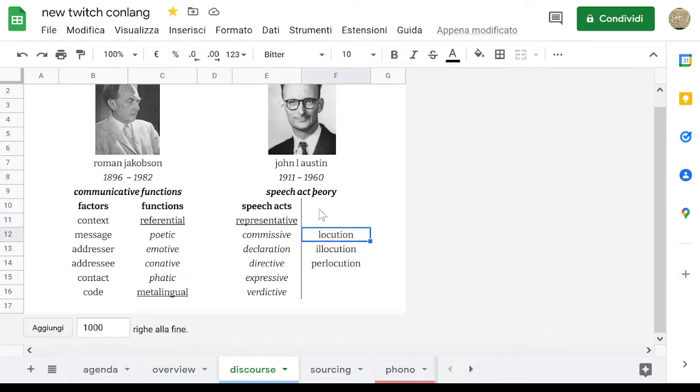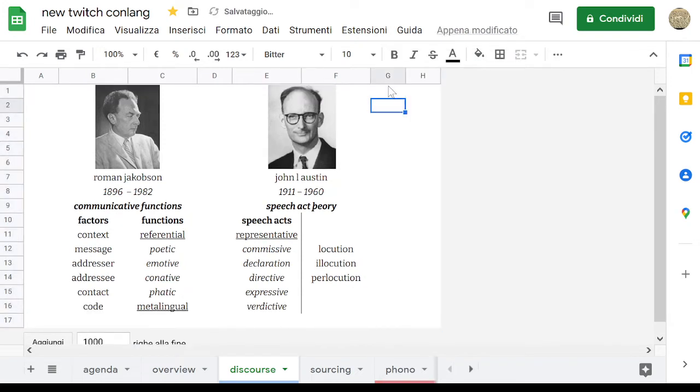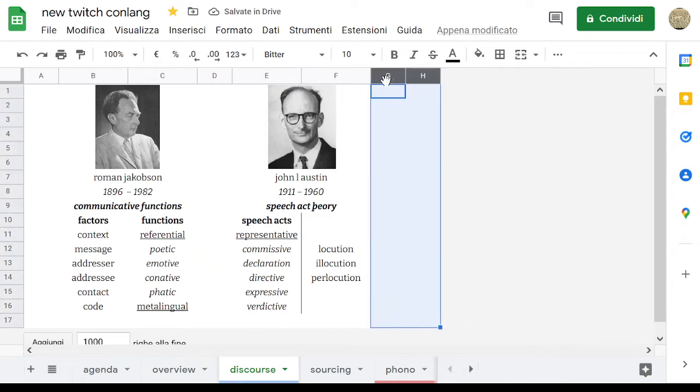So if you speak the locution of an utterance, let me actually write this out, just to give an example. I'm actually going to insert a column as well. I'm going to make both of these columns kind of spaced out, so I have space to write.